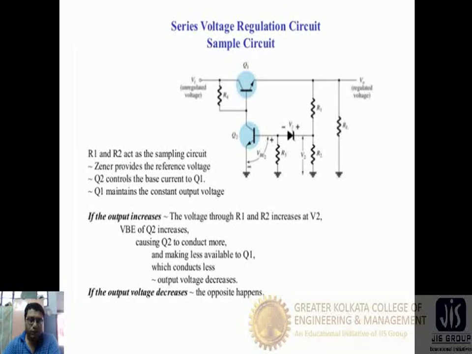The output voltage decreases. If the output voltage decreases, the whole operation will happen oppositely. So in this way this circuit operates and produces a controlled output at its load resistance.